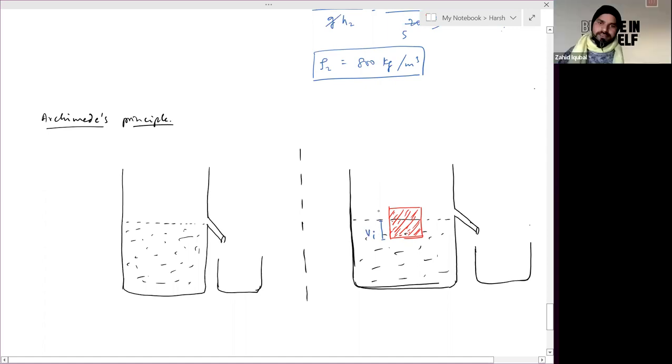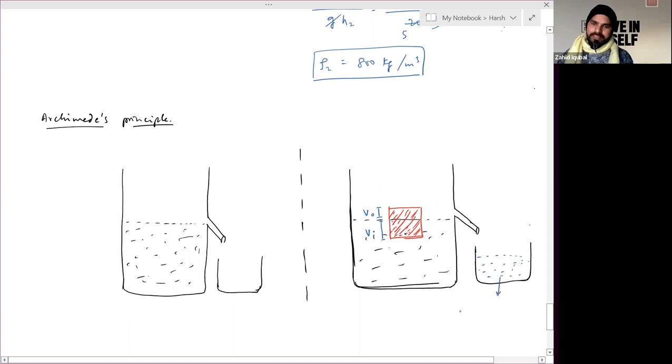Yes. Let's say this is volume immersed and this is volume outside. Since initially the level of liquid is up to the edge of this opening, on inserting this object it will displace an equal amount of liquid to how much volume of this object is inside the liquid.